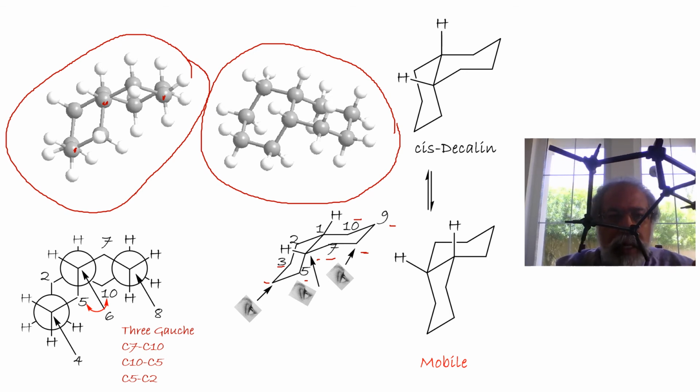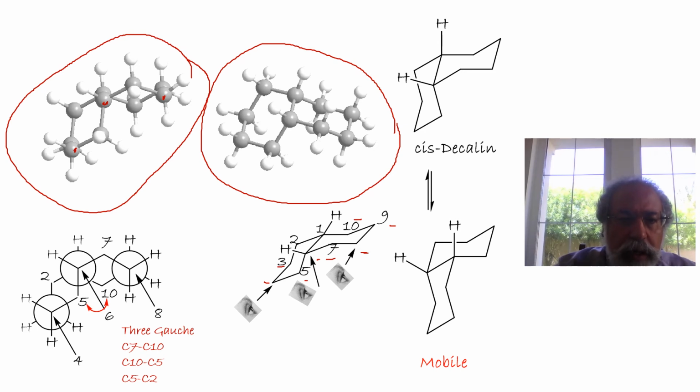Now, if you look at carbon 8, this one, you will find CH2, H, H. The one in the back will be 9. Carbon 9 has 2 hydrogens and has CH2. So H, H, and CH2.